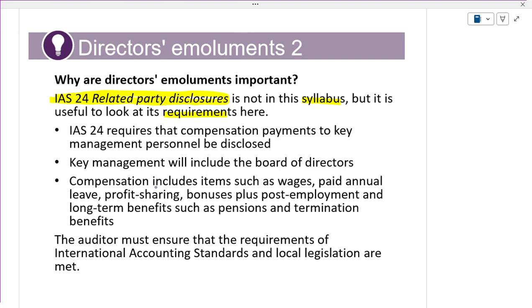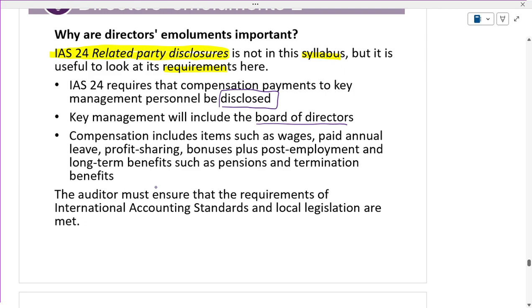IAS 24 requires that compensation payments to key management should be disclosed because it is material. Key management will include the board of directors. What is the compensation?